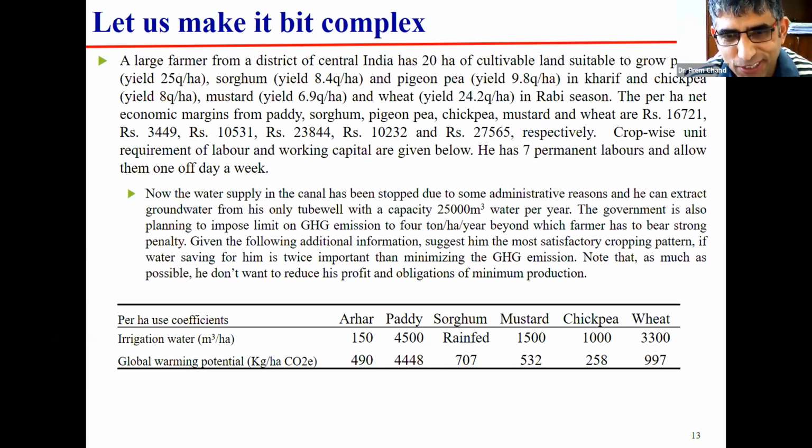How much should be allocated to different crops? Can you solve it? If you have any problem, kindly let me know. Did you understand something? At least something. No response. Anyway, okay.